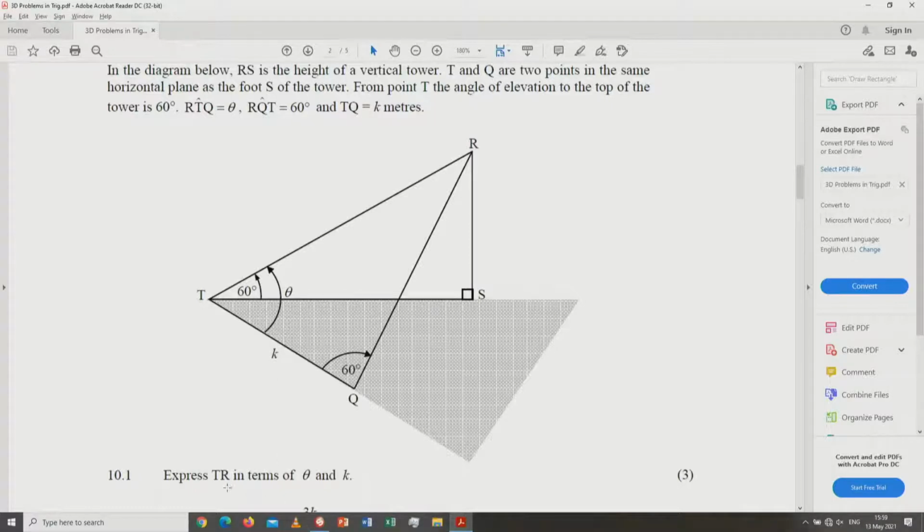For me to express TR, this side, already I can sense that in this triangle I have this angle as theta and this angle as 60 degrees. I can work out the size of that angle, TRQ. We can work out the magnitude of angle TRQ.